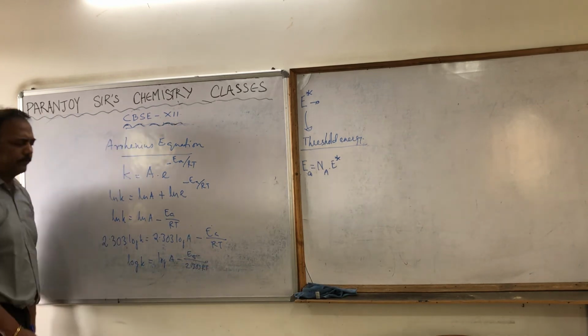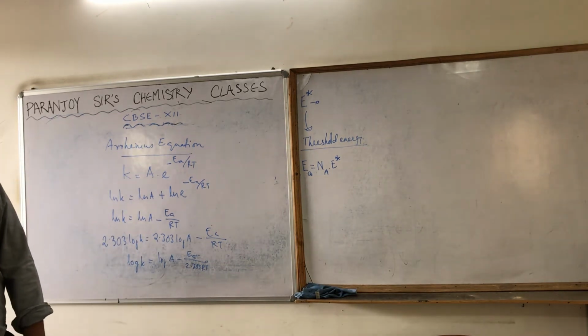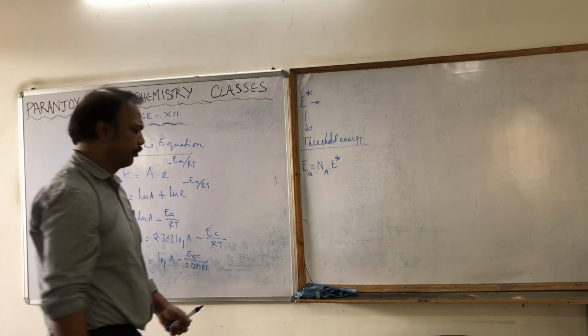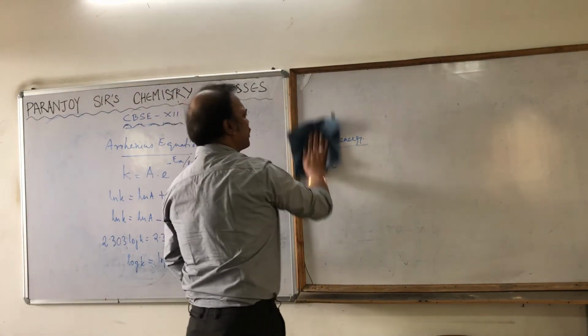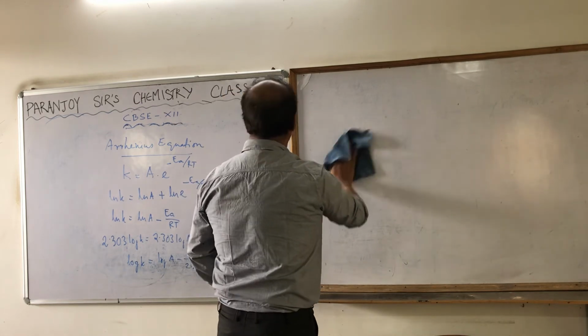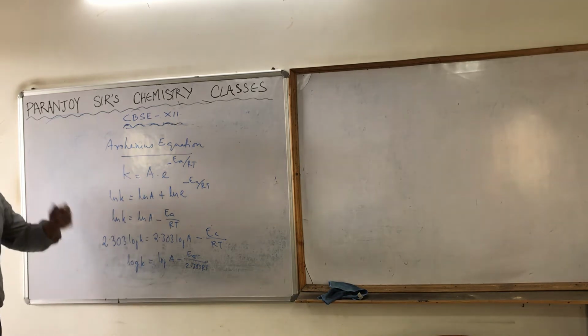Will you get this? Log k is equal to log A minus Ea by 2.303 RT. We'll come back to this afterwards, but before that, first we are going to try to plot it in a graph and try to get the value of k.